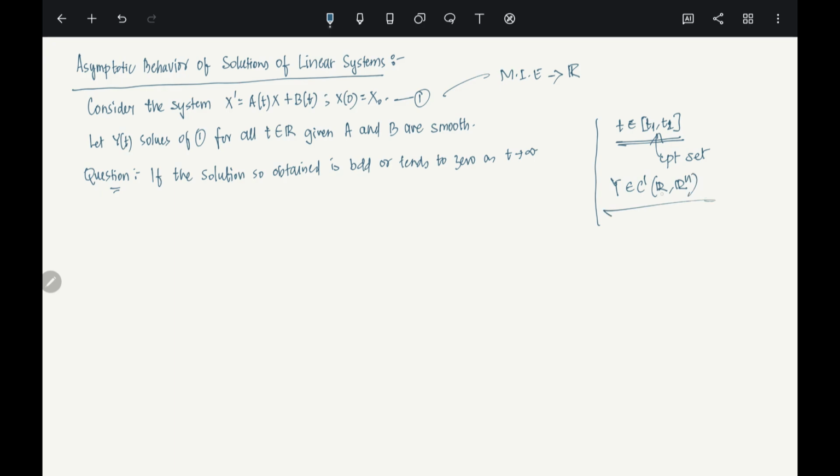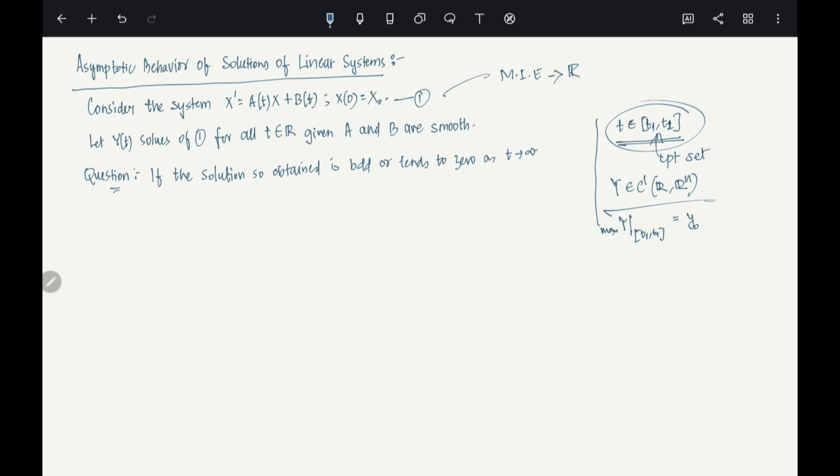Now, if I restrict t between t1 and t2, so y is restricted to this compact set, that gives you that there is a maxima and a minima of y in this compact set. So we know that y is bounded there. But if you are looking at the whole interval, then we cannot say whether they are bounded or not. That's the question we need to answer in this video.